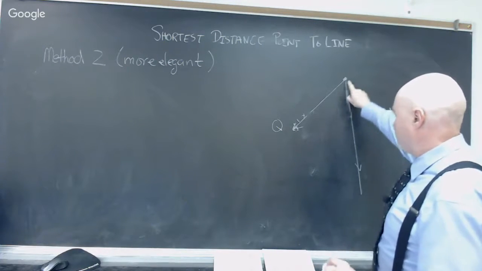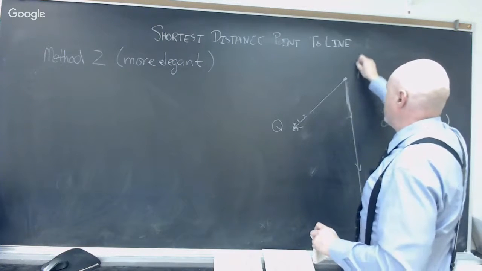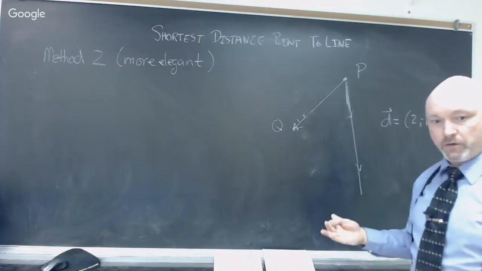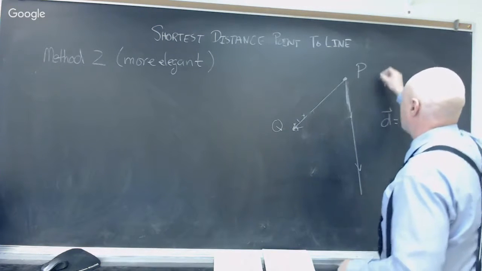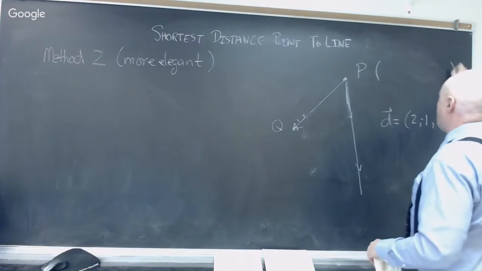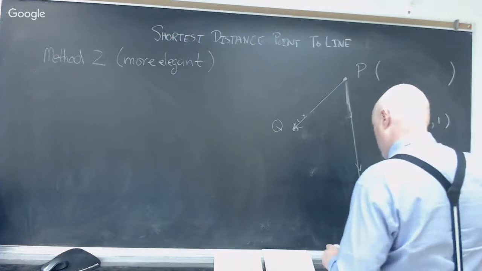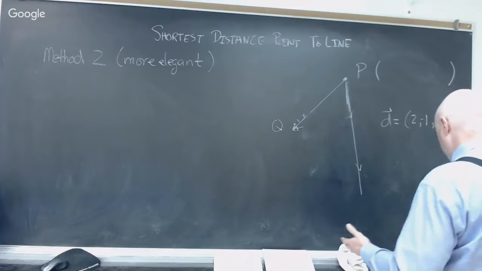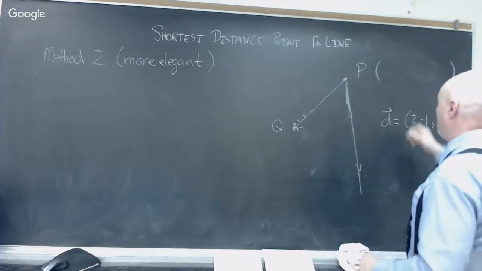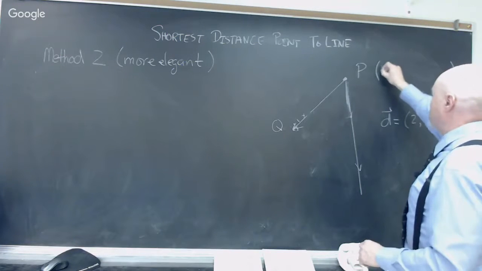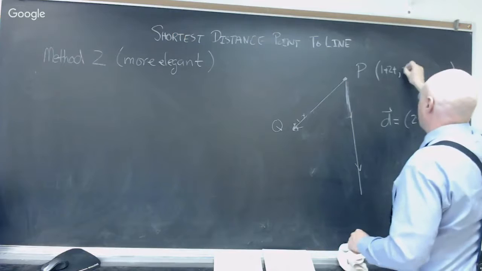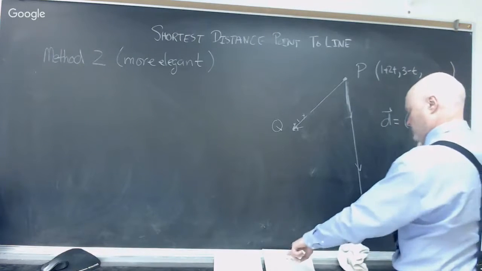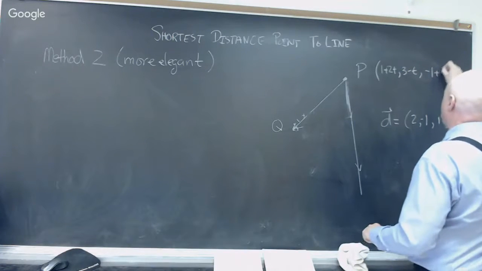And we have some vector that we're not sure about going from Q to P. P has the coordinates that are defined by the line. So we don't exactly know what P is, but we do know it follows the formula 1 plus 2t, 3 minus t, negative 1 plus t.